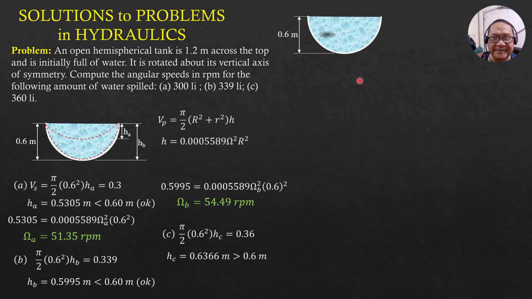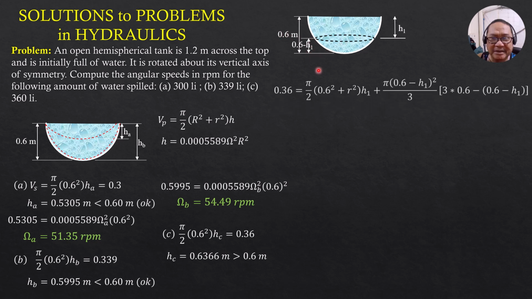This is not the value of Hc, because if you look at the figure, it consists of a paraboloid of revolution with two bases and a spherical segment. That should be the amount of volume spilled. I'll call the height of the paraboloid of revolution with two bases h1, and the portion under this circular surface is a spherical segment of one base of radius small r, and the height would be 0.6 minus h1.